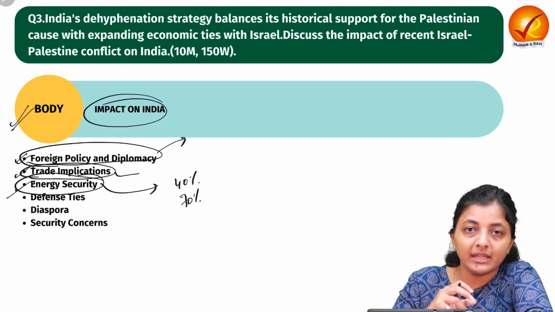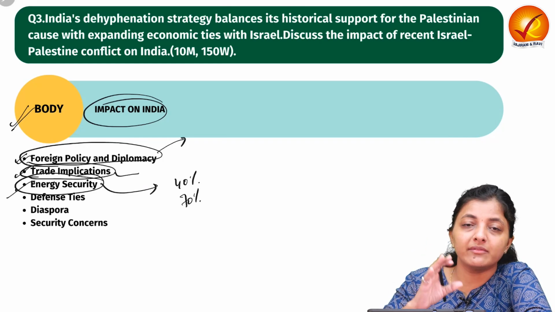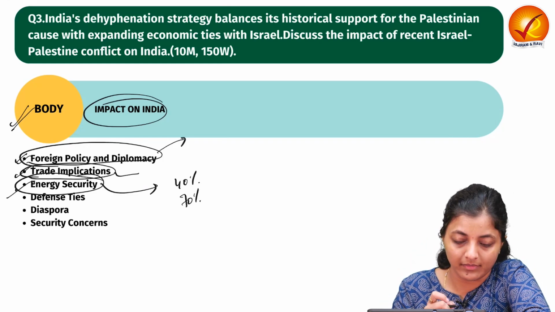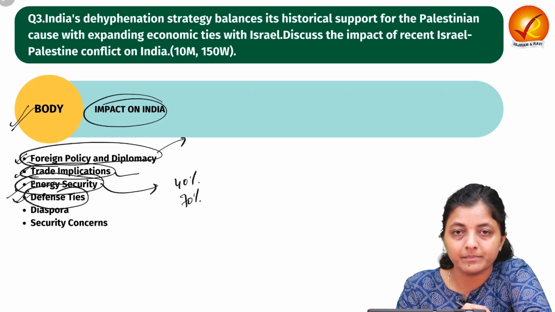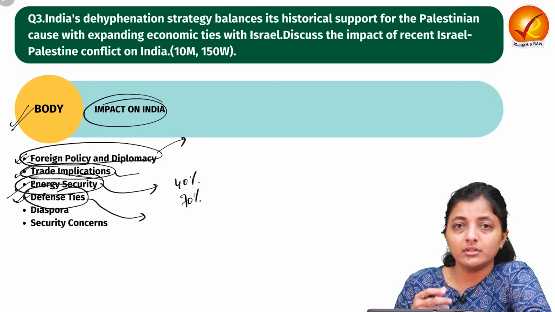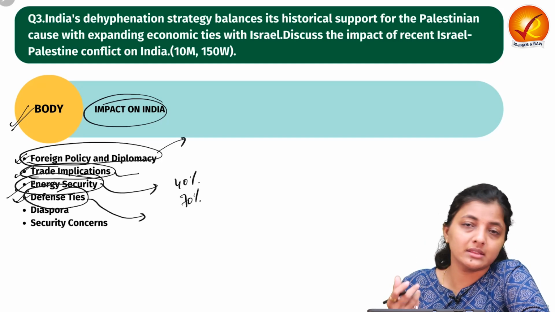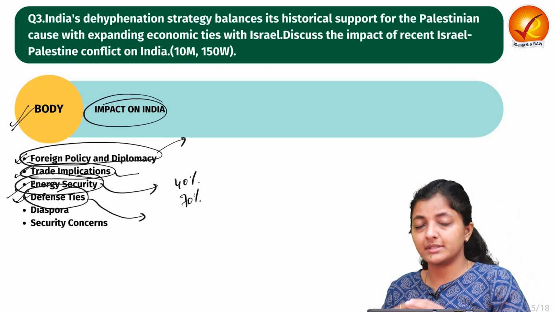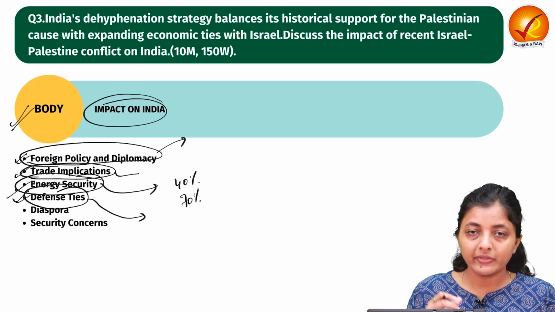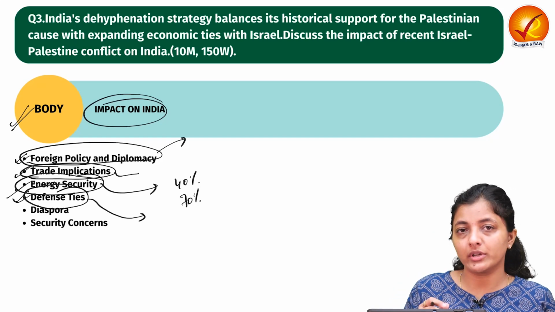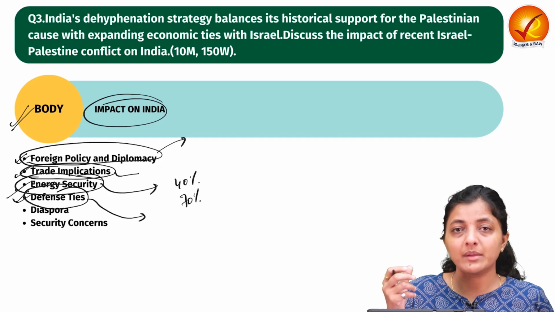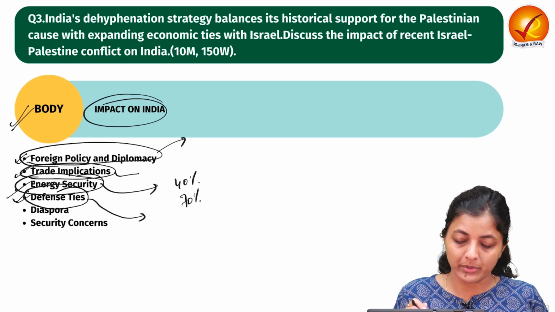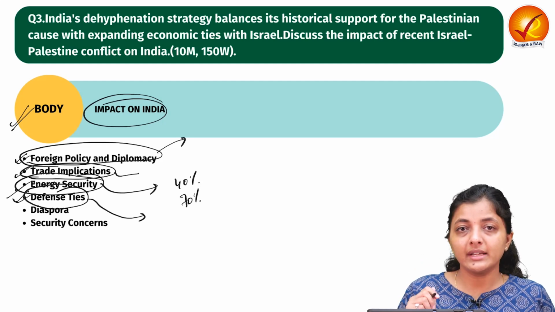It means we need a stable West Asia and a stable Middle East. Next is the defense ties. India has strong defense and security cooperation with Israel, and India is a primary importer of Israeli weaponry. So this can again take a toll.